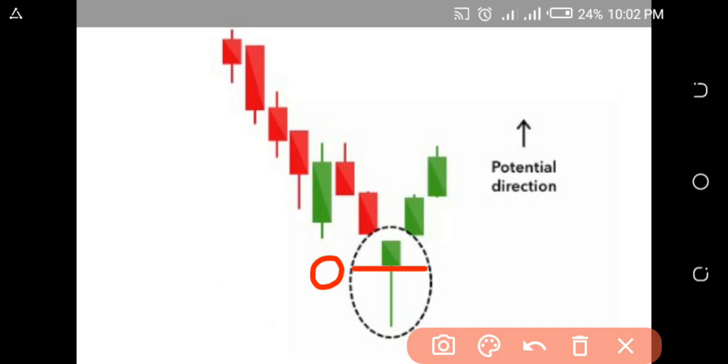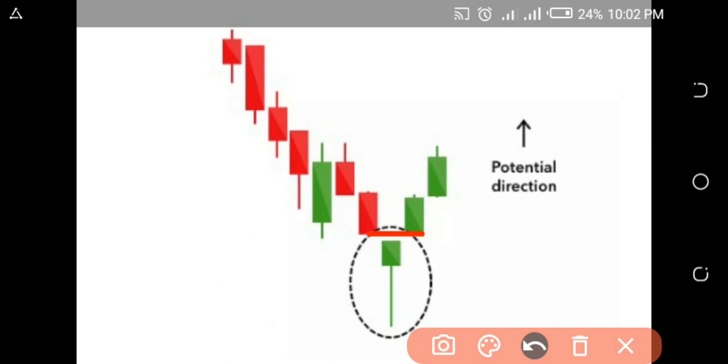Price was opened here. Sellers took price to this downside. But before the candlestick was actually formed and closed, huge buying pressure stepped in and took price back to the opening price, forced it above the opening price, and price closed bullish. Now, if you look closely, you will notice that there is no wick at the top.